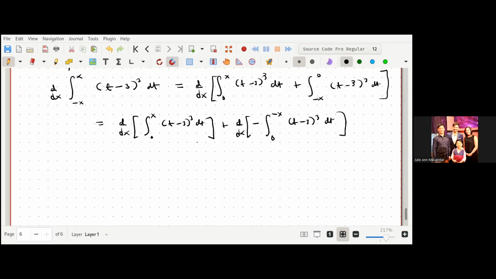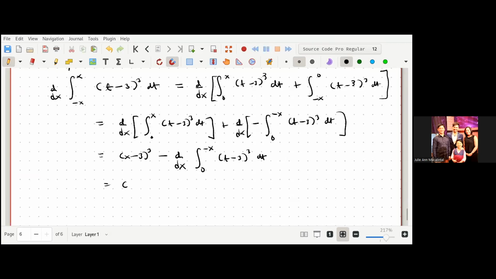And then divide and conquer. So, yung first term that becomes x minus 3 cube, minus derivative with respect to x of 0 to negative x of t minus 3 cube dt.